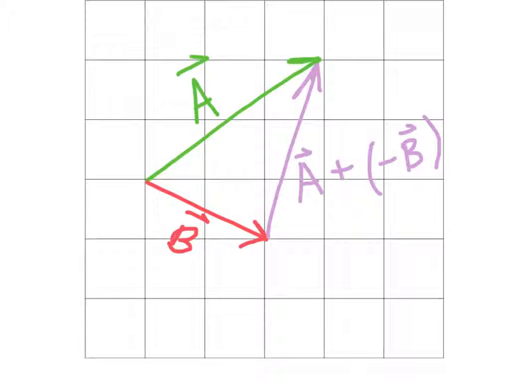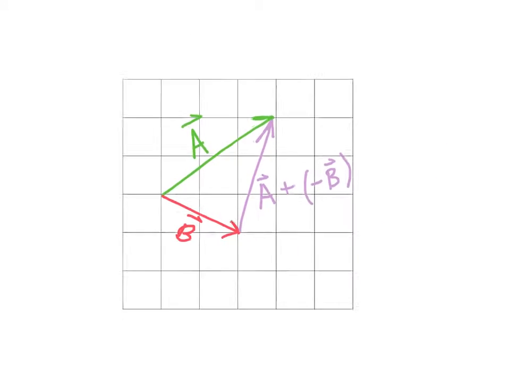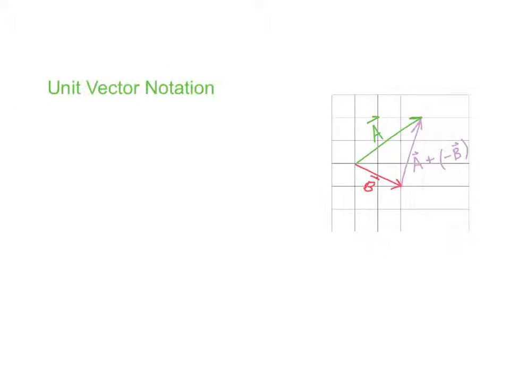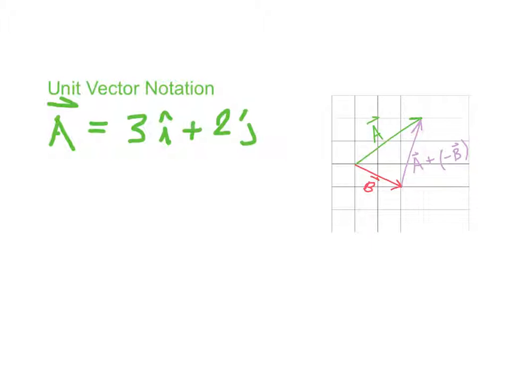Of course, we want to see this in unit vector notation as well. So let's zoom out a little bit, and we'll see what this looks like in unit vector notation. If we look at our vector A, we see that it has components of 3 i hat and 2 j hat.